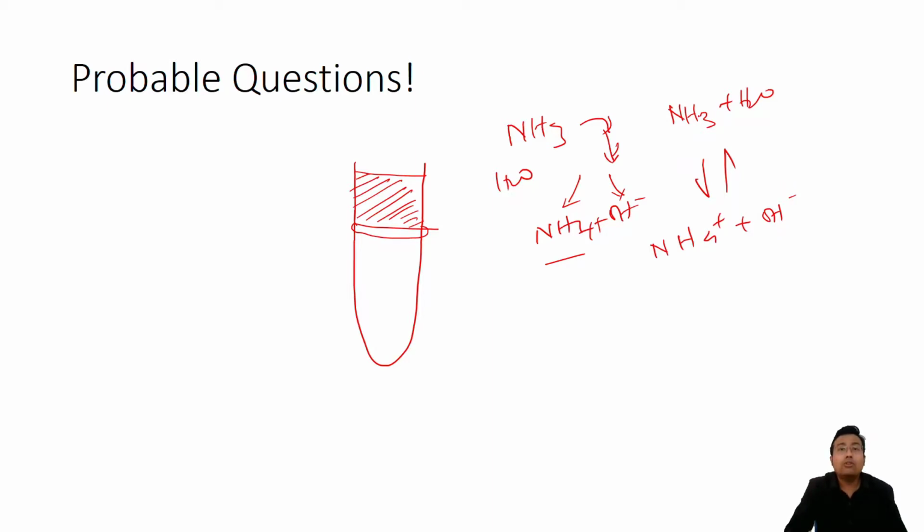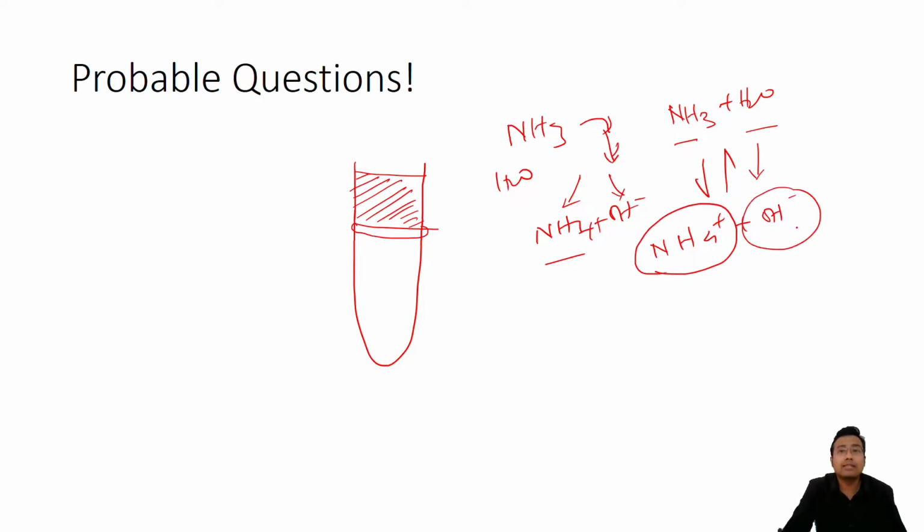Now we don't want this to happen. We are adding ammonia to water, but we don't want the reaction to proceed in this direction. So whenever we want an equilibrium reaction to not proceed in one direction, we need to make an excess amount of product.